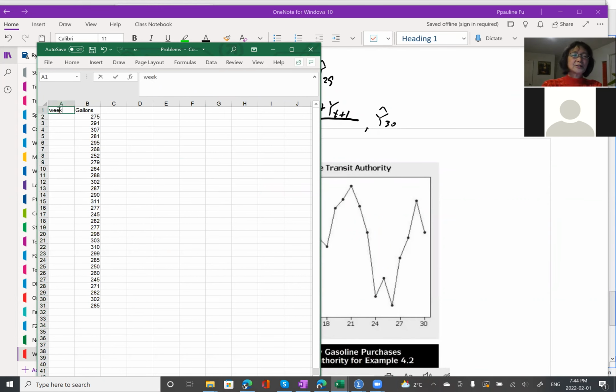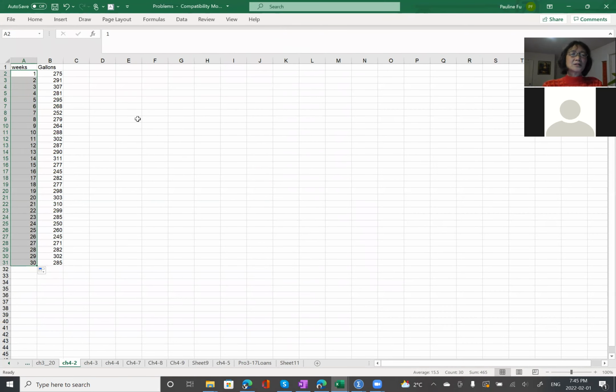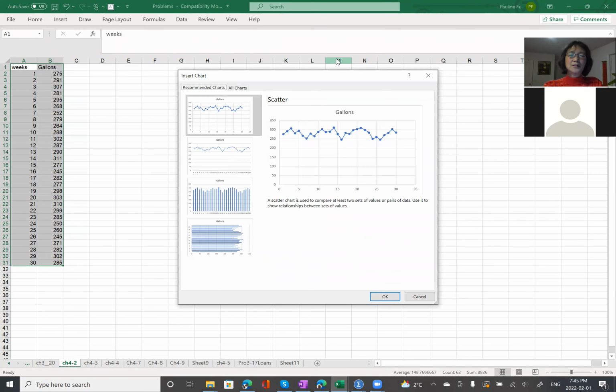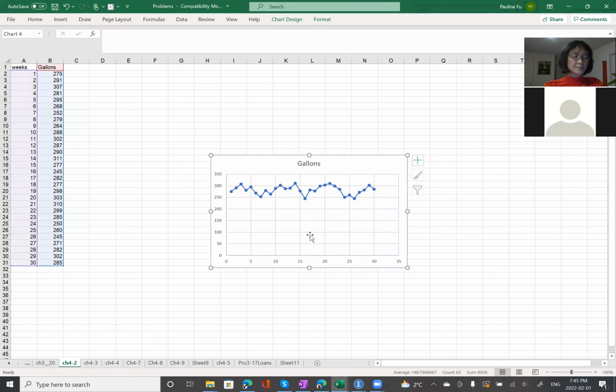So weeks, from week 1, week 2, up to week 30. To produce a line graph in Excel, you select those two columns, then go to insert, line chart. Click OK.